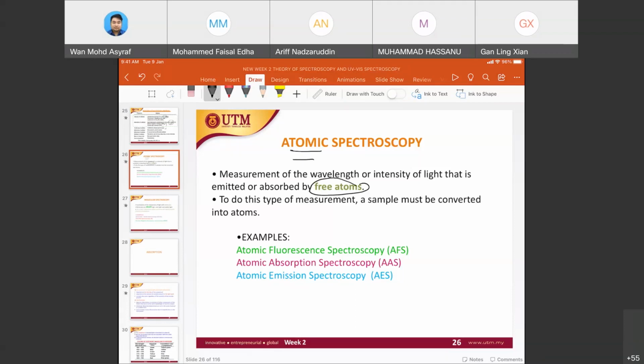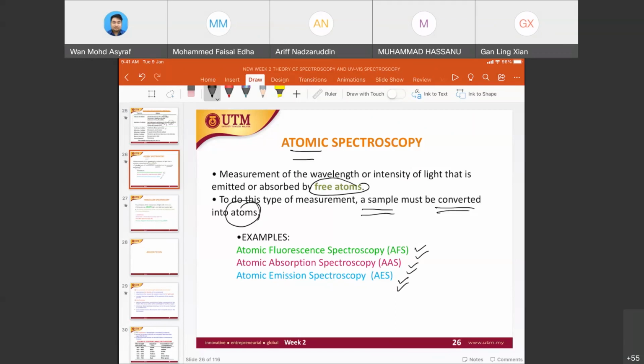When we want to analyze atoms, we use atomic spectroscopy. But first, your sample must be converted to atoms. Examples are atomic fluorescence spectroscopy, atomic absorption spectroscopy, and atomic emission spectroscopy.